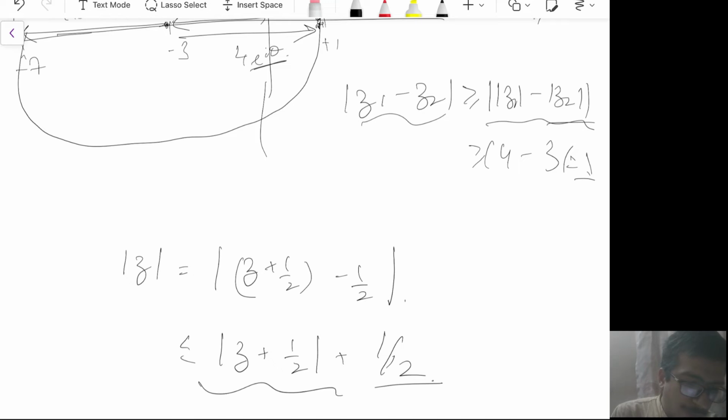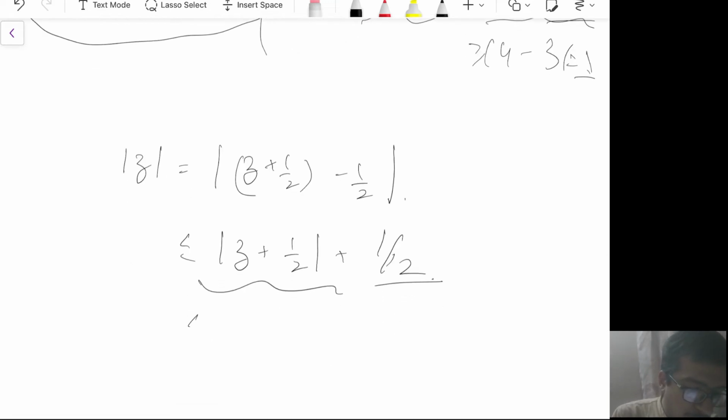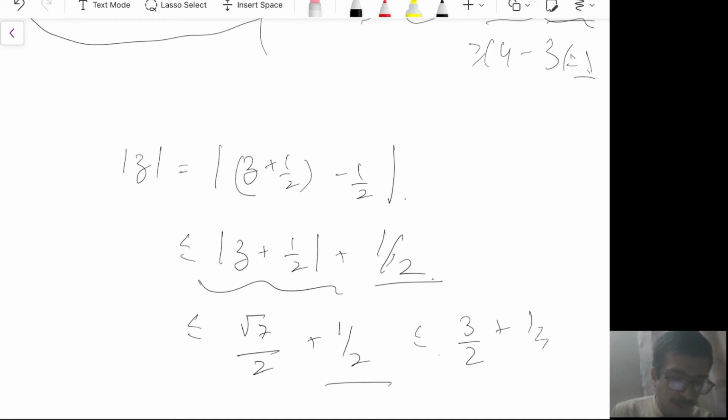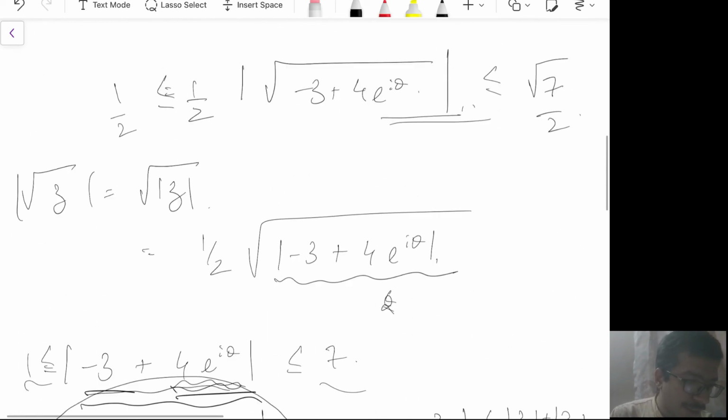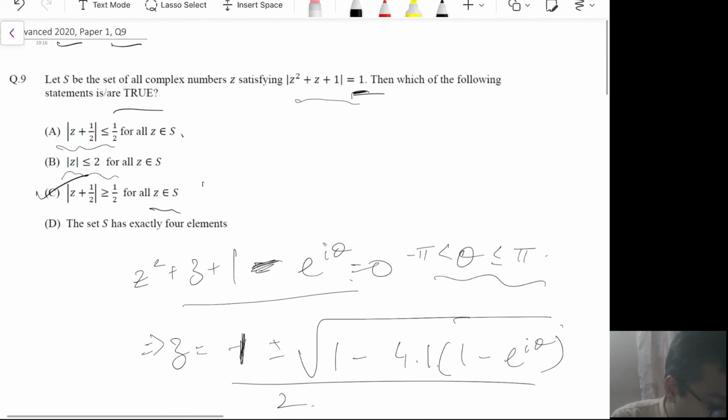And mod z plus half, I just found, is less than or equal to root 7 by 2. So overall this is less than or equal to root 7 by 2 plus half. And we know that root 7 is less than or equal to root 9, which is 3. So this is less than or equal to 3 by 2 plus half, which is 2. So mod z is less than or equal to 2. Hence this is also true.